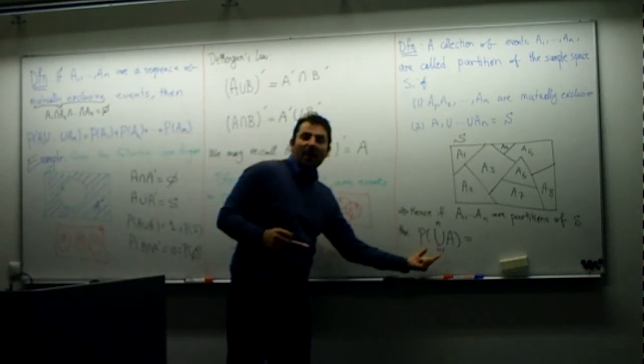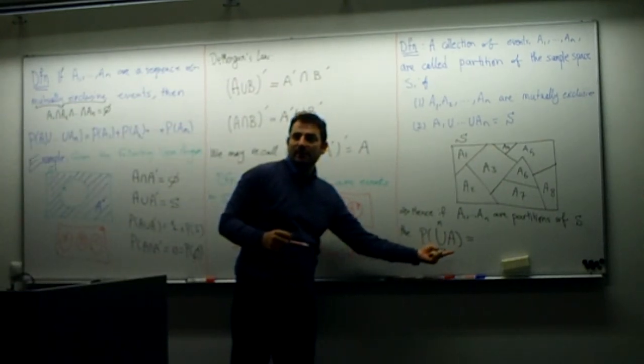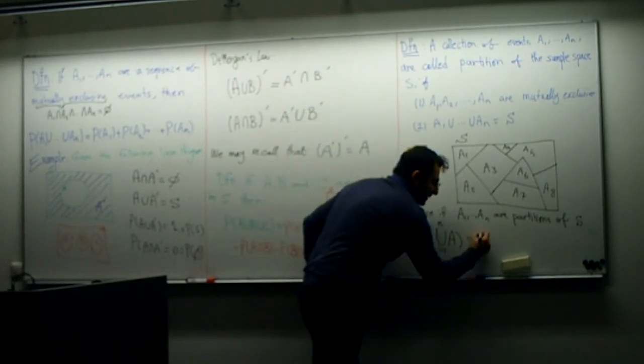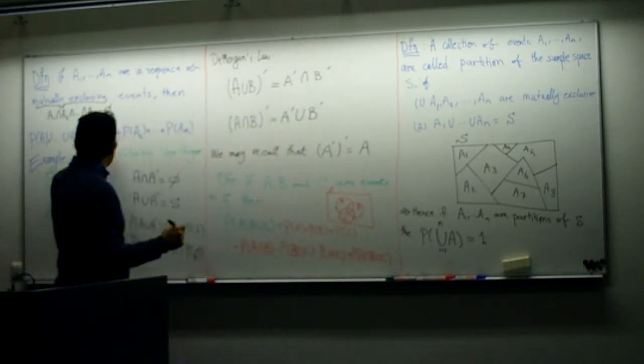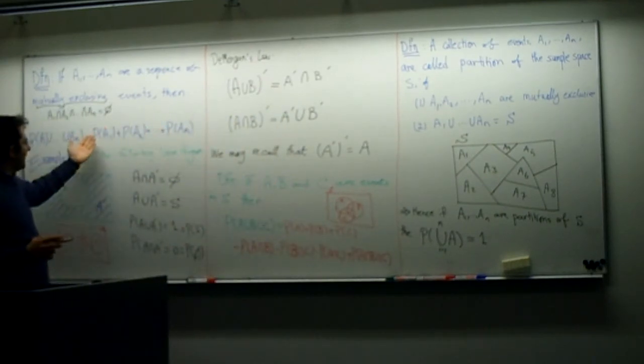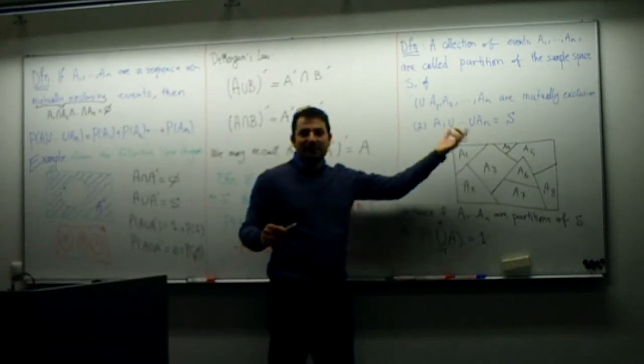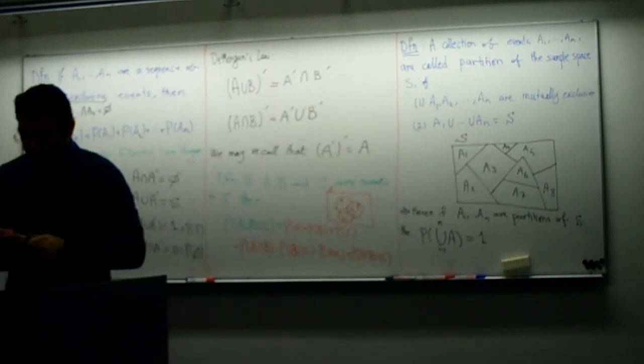So now they are partitions. What is this? It's 1. Because still it is the addition of all the probabilities, but I know that the addition of all the probabilities in case of partition will give me the S, which is the probability of 1.